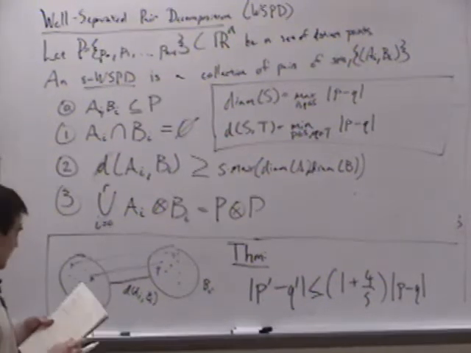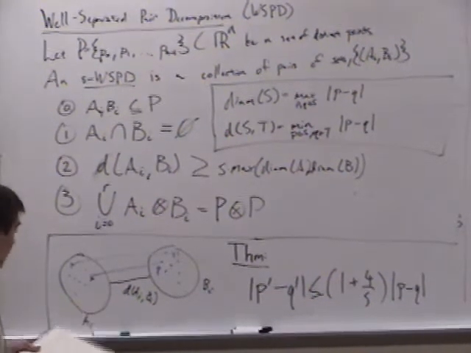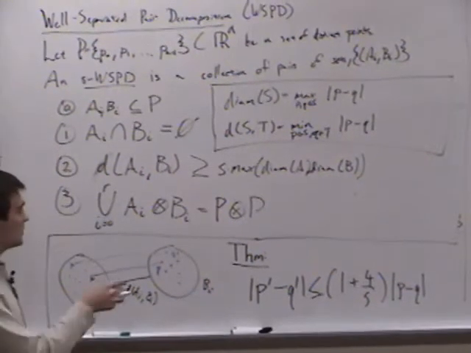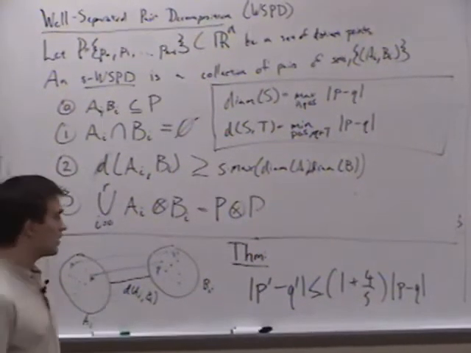One easy thing that we also remember from last time is that the closest pair of points have to be contained inside separate pairs in the well-separated pair decomposition.